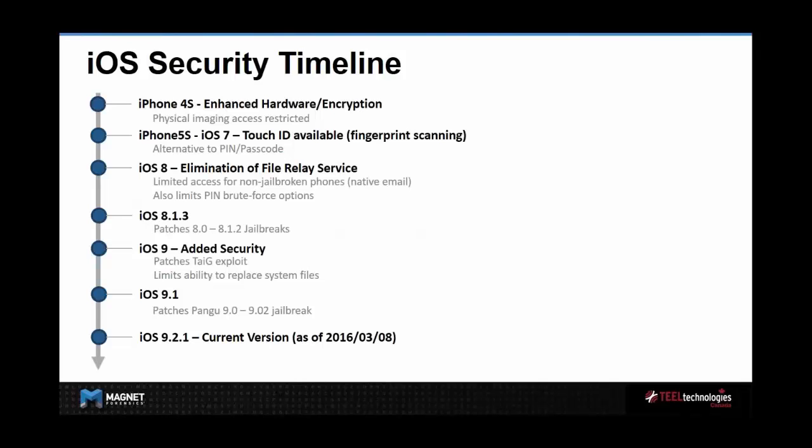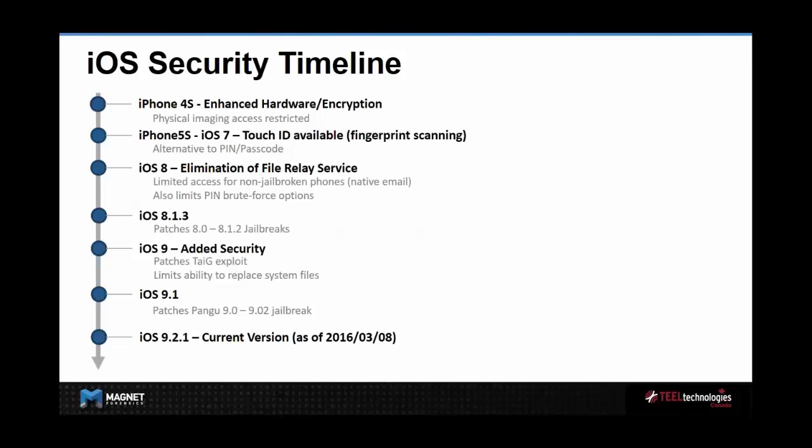So files such as the envelope index or the protected index are now inaccessible for any device running iOS 8 or later. It also limited pin brute force options. And as the years went on, they've added patches to patch various jailbreaks and exploits that have been found in the devices.